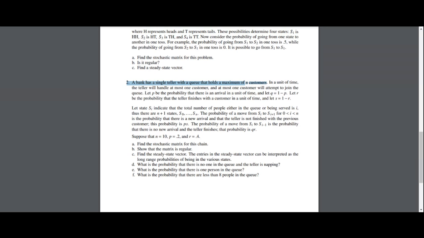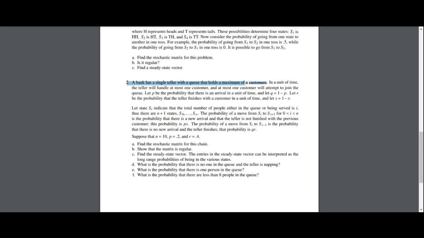This problem really relates to that, but you could relate it to a line at McDonald's or a line at Sam's Club. But we're working with the bank here. Costco has lines, right? Of course, there's self-checkout, but some people still use the lines.